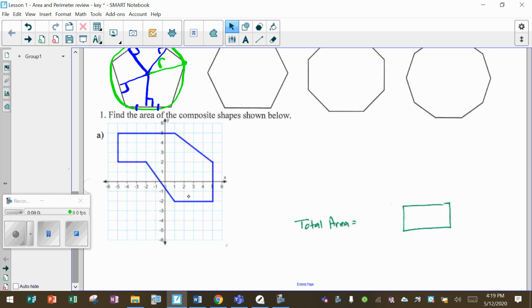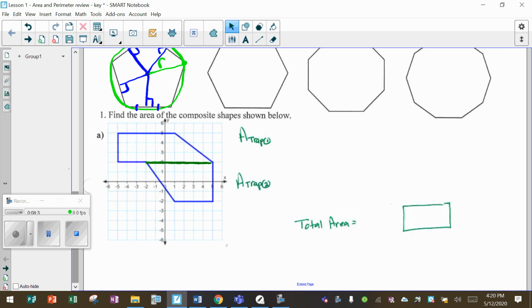You're welcome to do it many different ways, but one of the things that I usually try to look for is what's the fewest number of shapes that I can create and have an easy area formula to use. So for this first example, what I do see is 2 trapezoids. 2 trapezoids means I only need to do 2 formulas.